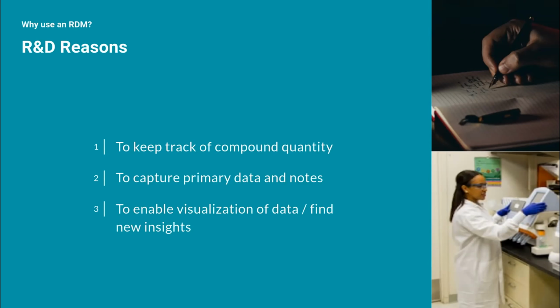You can provide the primary data at everyone's fingertips. Anybody who needs to see it, you can control the view. You can bring in your collaborators and CROs and so forth. And hopefully everyone in the R&D space can come into the RDM and use some kind of data visualization to identify, let's say, structure-activity relationships, make new research insights, and so forth. That part, I think, is pretty clear.